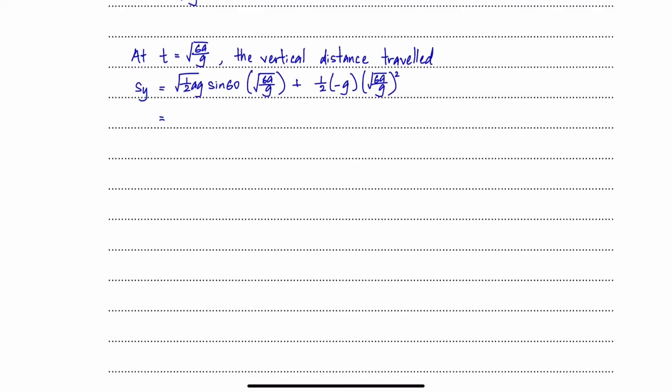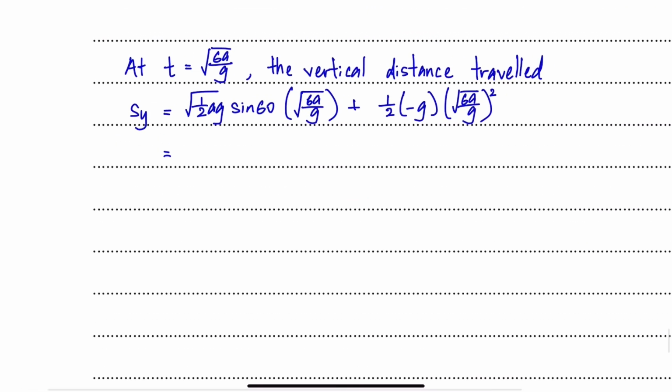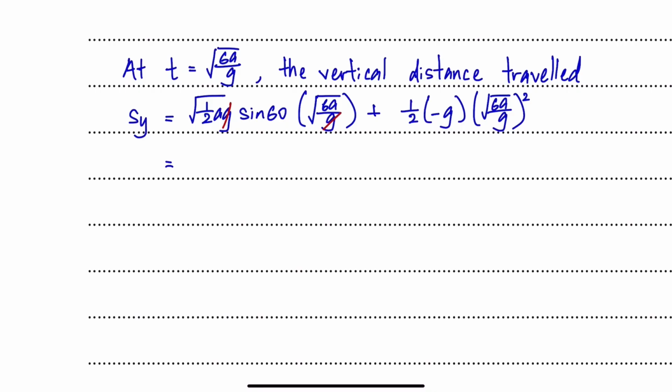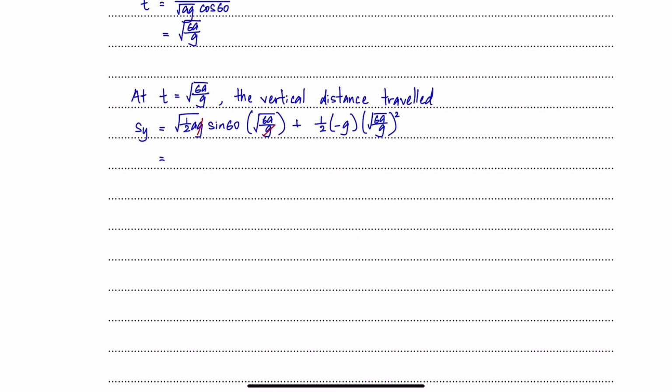So simplify it, we can cancel the G, and we have 3 over 2A minus 3A, and we will get negative 3 over 2A. That means the vertical displacement is negative 3 over 2A, which means it travels downwards.